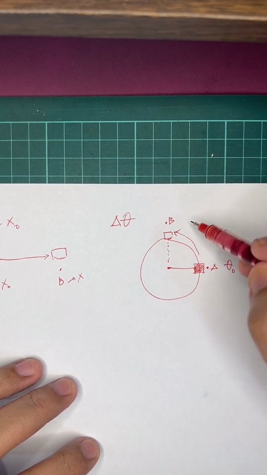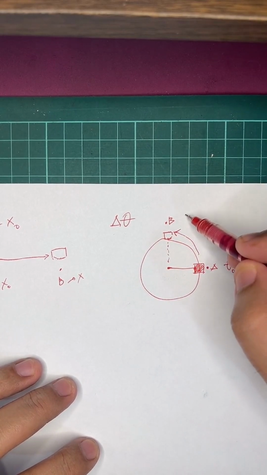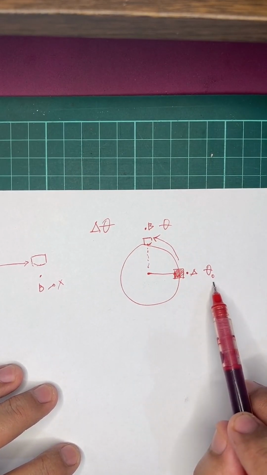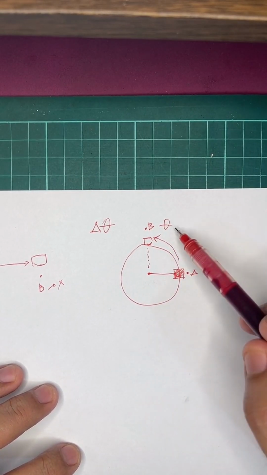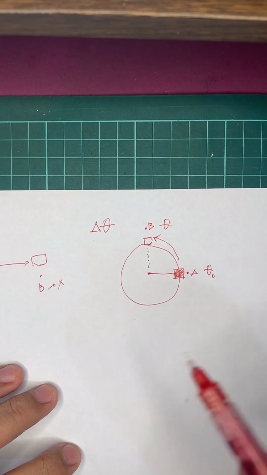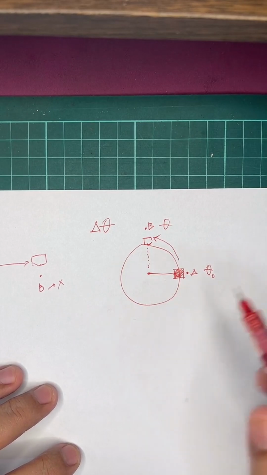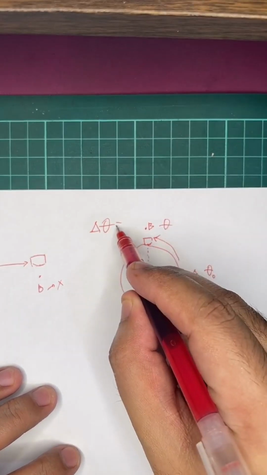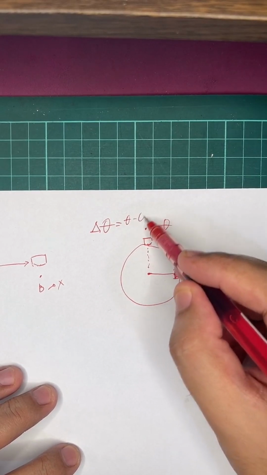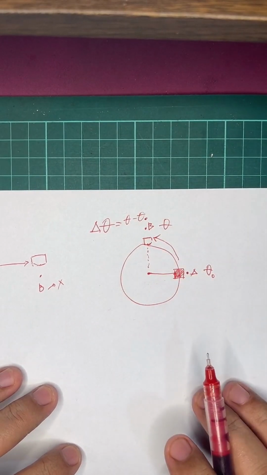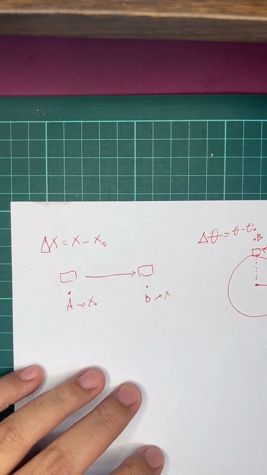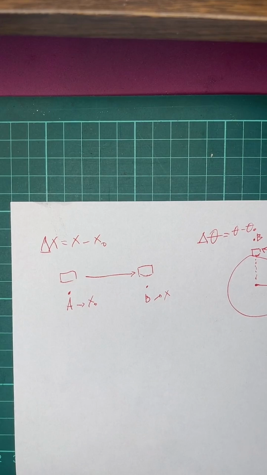The ending point would be theta, or this is the initial angular position, and then we have the final angular position. To determine the angular displacement, you guessed it, it would be delta theta equals theta minus theta naught. Pretty much exactly the same as what we would do with linear displacement.